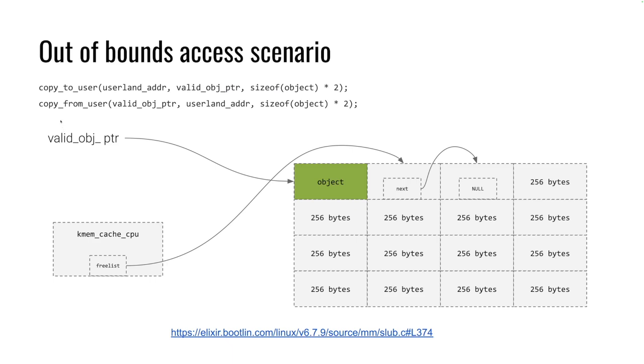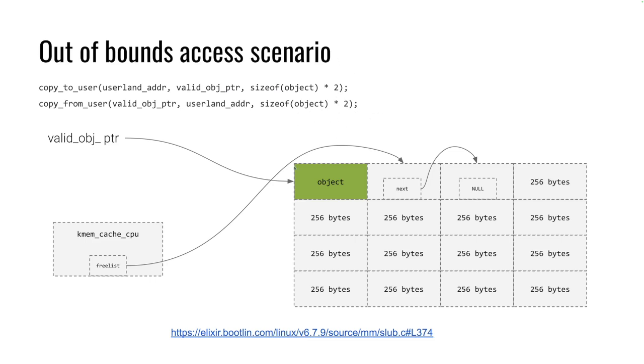Now, what if the attacker can do the reverse? And the attacker can copy from userland to the kernel, right? So this would be a scenario where the kernel object is intended to contain some userland data. And again, let's pretend that the attacker somehow manages to double the size of that copy.